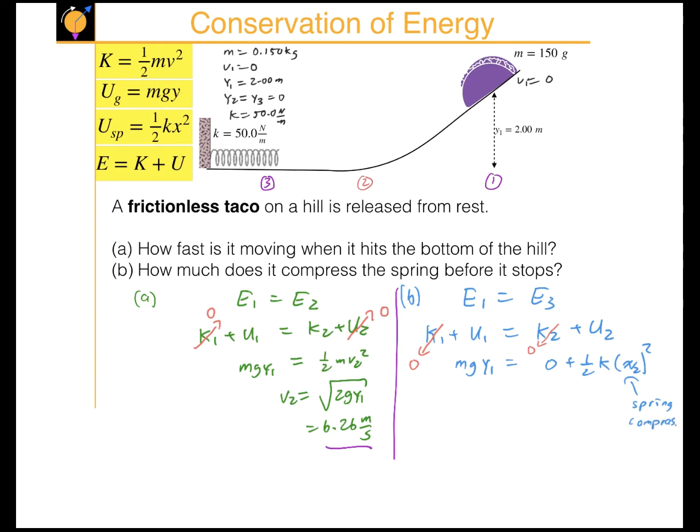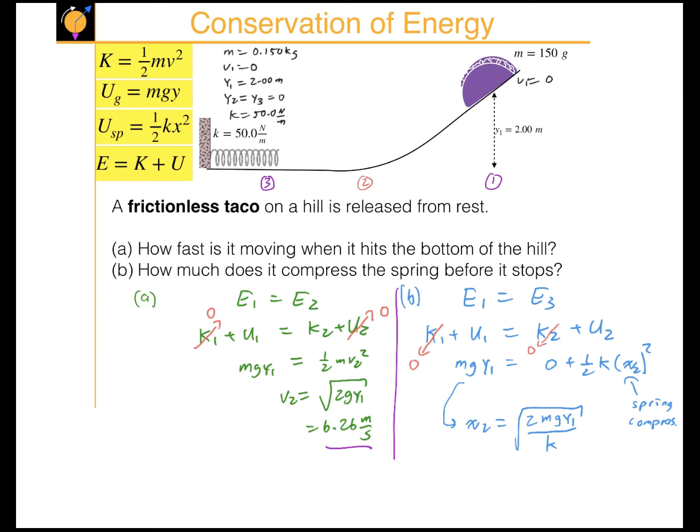So how much is that? Well, let's solve for x2. If I solve for x2, I get that x2 is equal to the square root of 2mgy1 over k. I just solved that equation: I moved the 2 over, divided by k, and took the square root.